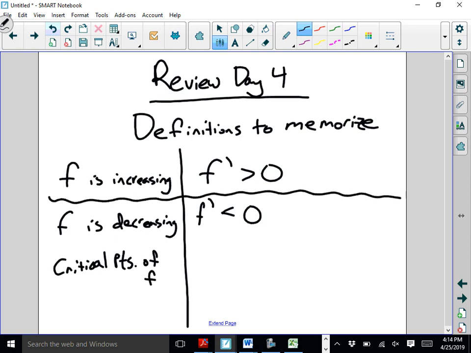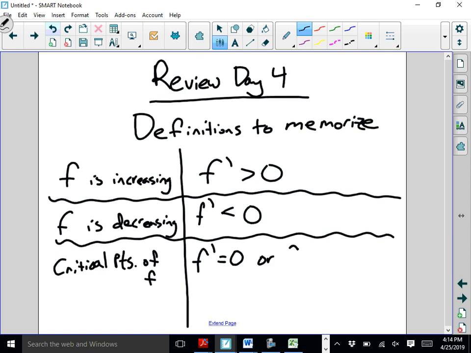Critical points of F, by definition, are when F prime equals 0 or when F prime is undefined. So again, if you have a function, do the derivative, set it equal to 0, or report where that derivative is undefined, right?